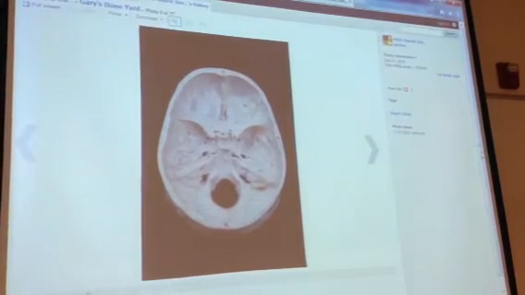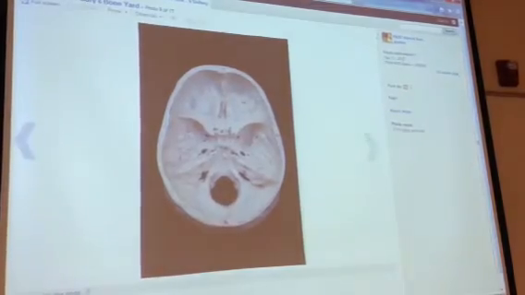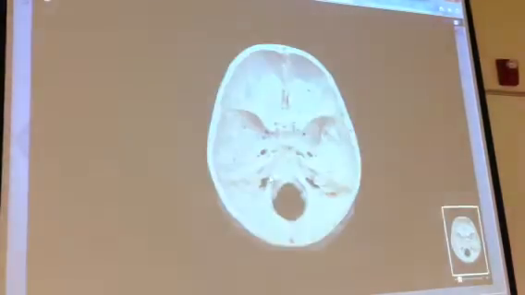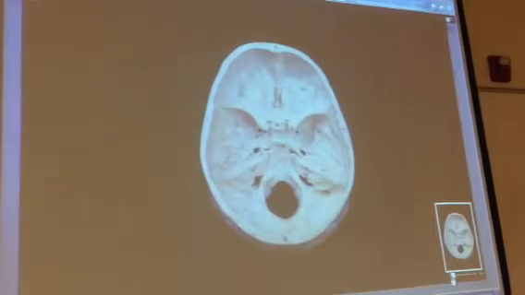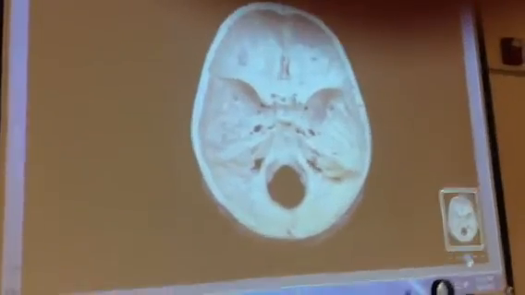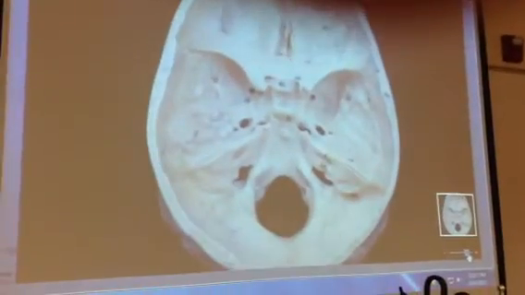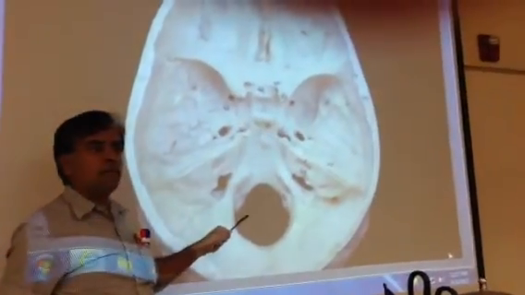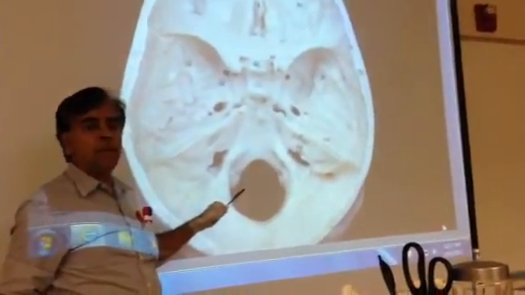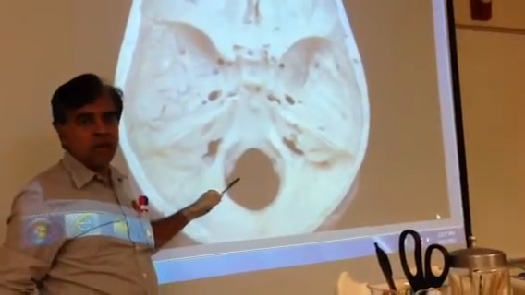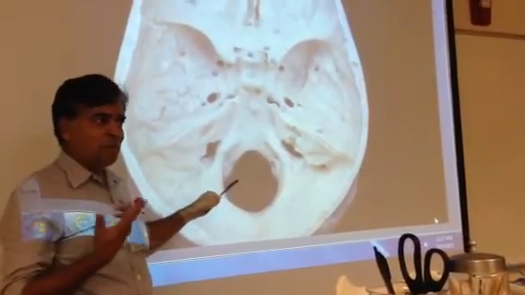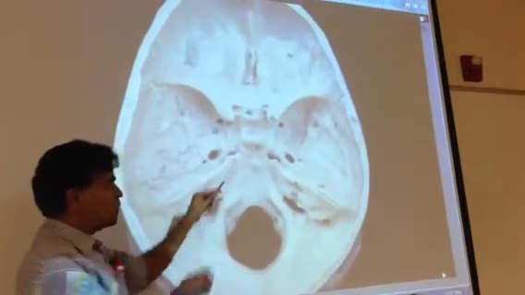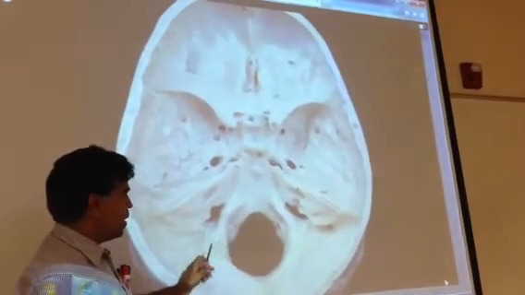Okay, this is the floor of the cranium. Name the part. Foramen magnum. See where my arrow is ending? I mean here my pencil tip, but if it were an arrow, think it's an arrow.